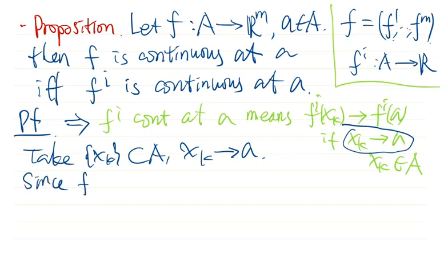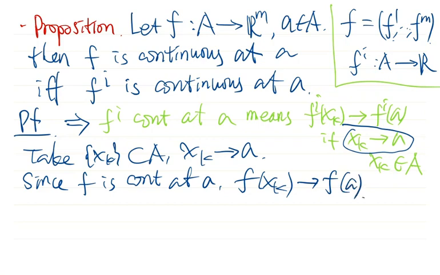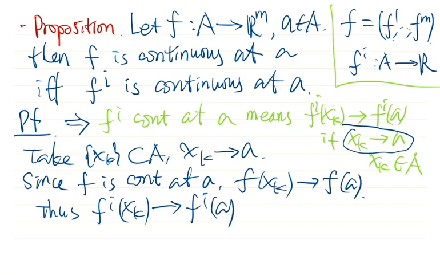Since f is continuous at a, we have f(xk) converges to f(a). Now by the relations of convergence and component-wise convergence, we see that fi(xk) converges to fi(a). Therefore, our result follows: fi is continuous at the point a. So the only if part is proved.